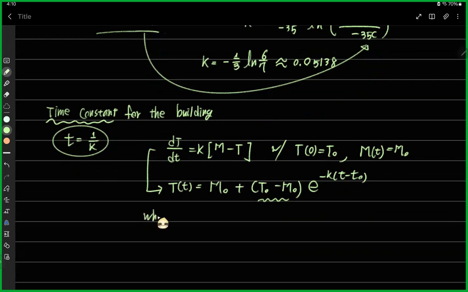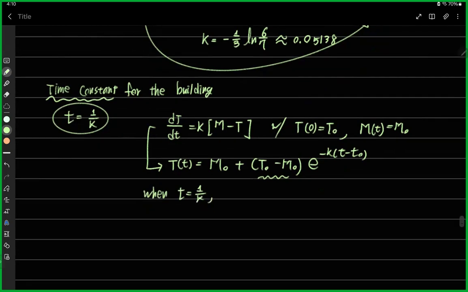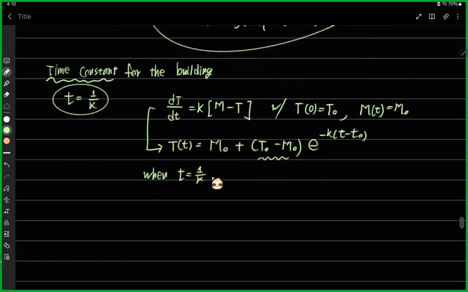Anyway, when t is equal to 1 over K, let's say t0 equals 0 here. Then T of t becomes M0 plus (T0 minus M0) over e.